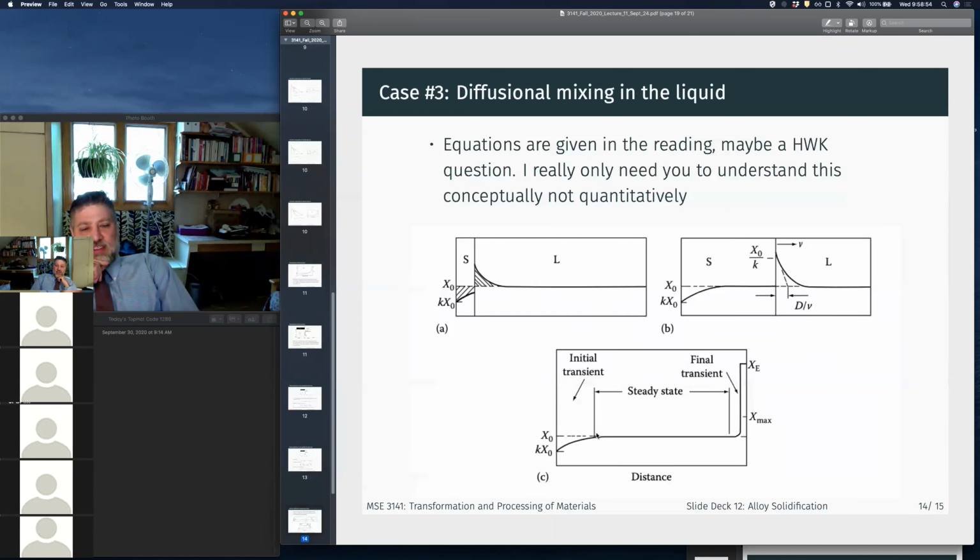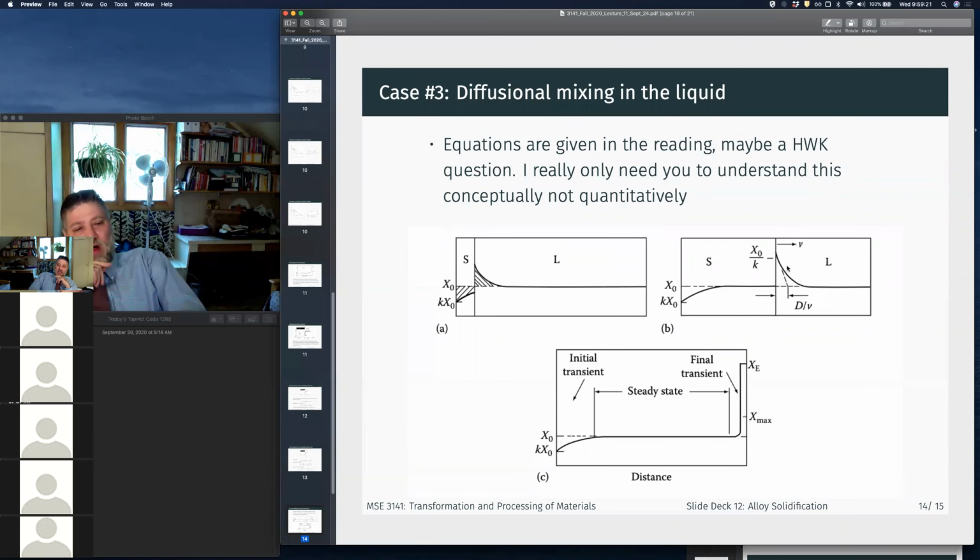So we're going to hit this steady state region where our solid stays at the composition X naught, and our liquid is going to stay at a composition X naught over K, right?